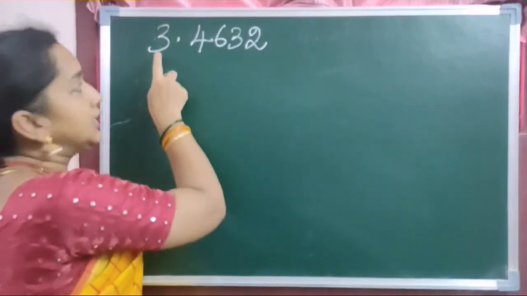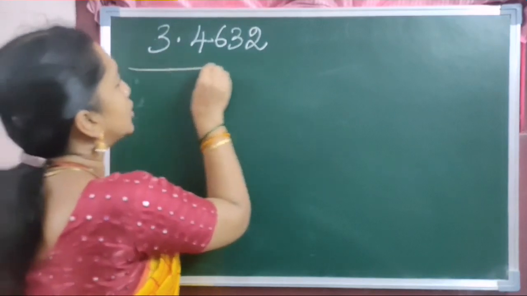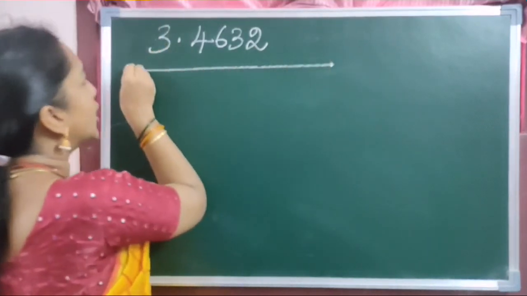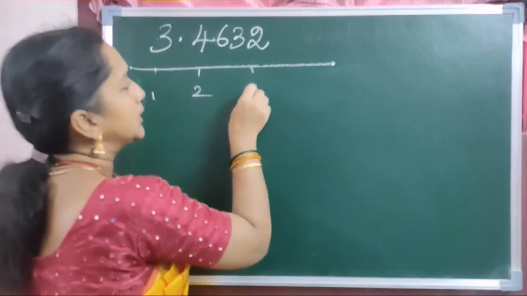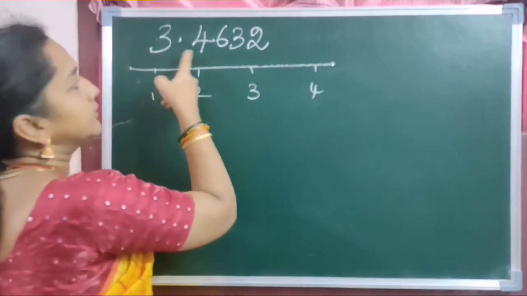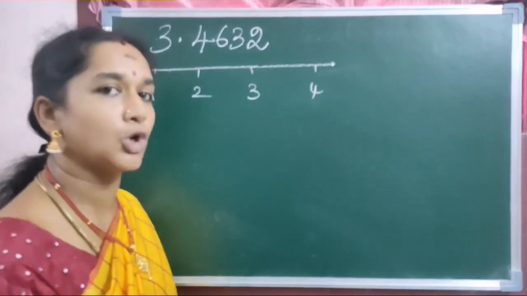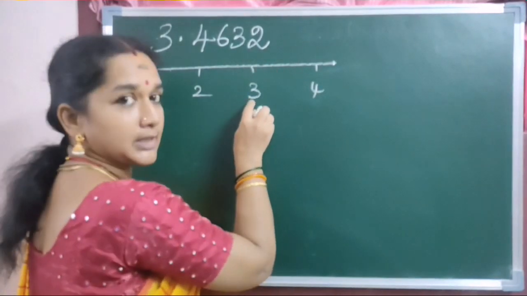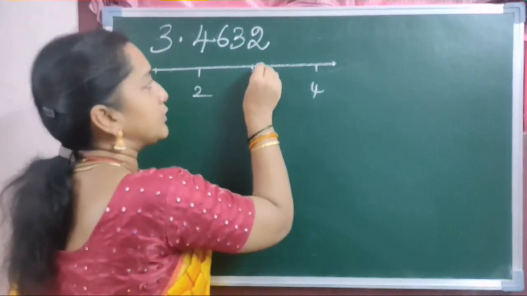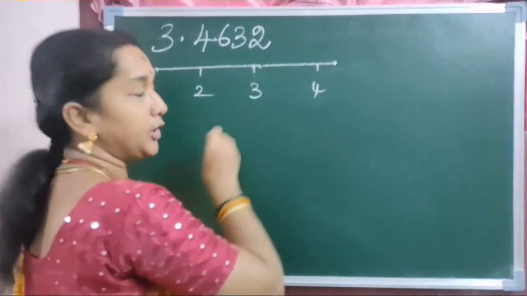First, you know how to represent the number 3 on the number line. That is, if you take 1, 2, 3, 4, 3.4 also you can do on this line itself. After this 3, the first point is 3.1.